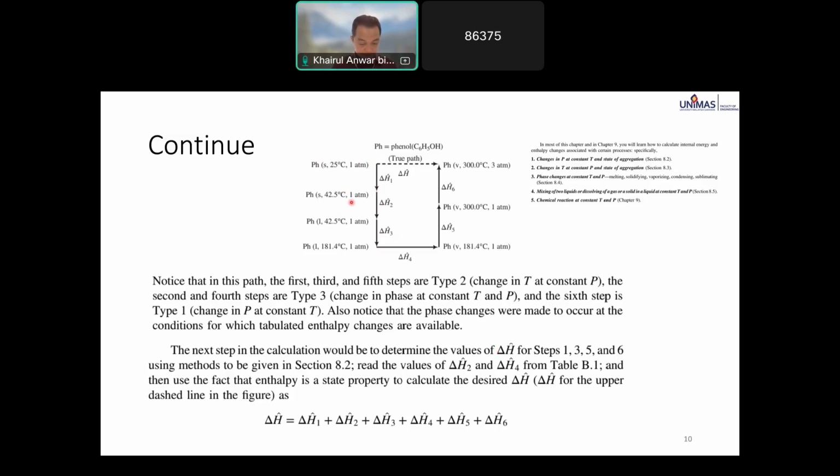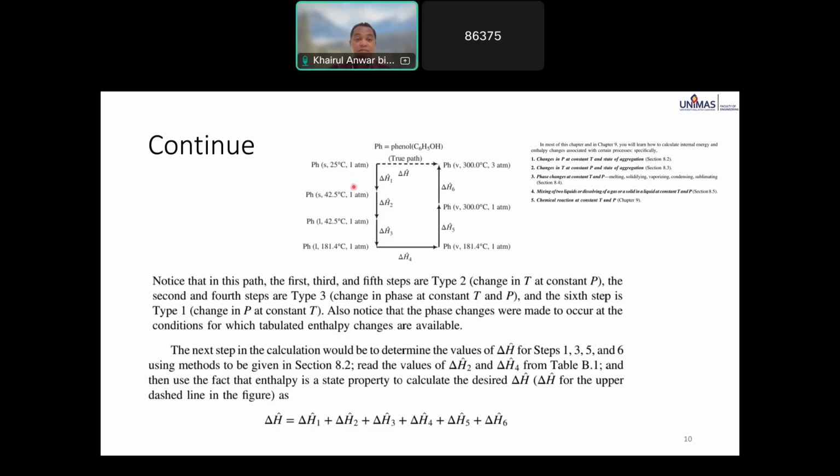Where you get the information from table B1. Appendix B, table B1. Look for phenol. Phenol tu. Macam nak phenol? Ada ni. So phenol melting temperature is 42.5.